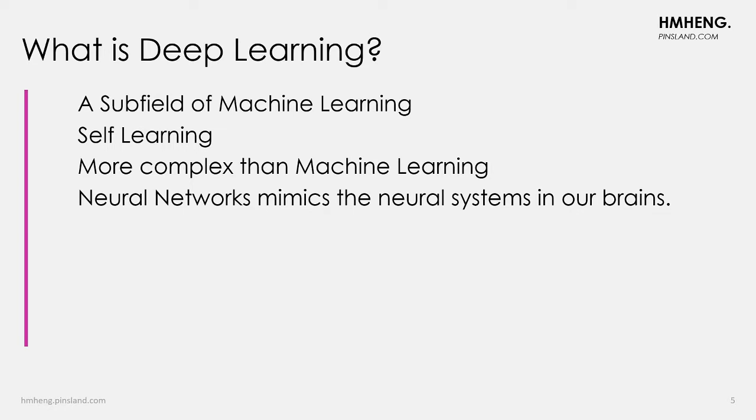The unique part is that deep learning uses neural networks that try to mimic the neural system in our brains. Our brains keep on learning every single day, and learn by themselves so that we know what is right and what is wrong, and based on the knowledge we learned in the past, we can predict and make decisions for the future.